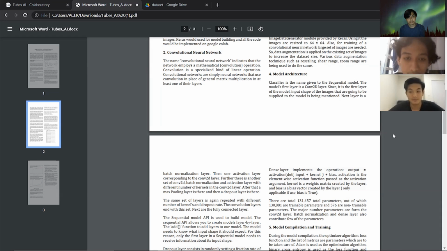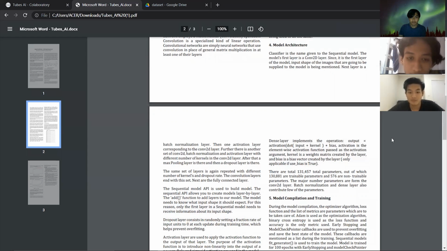Further, there is another set of convolutional 2D, batch normalization and activation layers with a different number of kernels in the convolutional layers. After that, a max pooling layer is there and then a dropout layer.